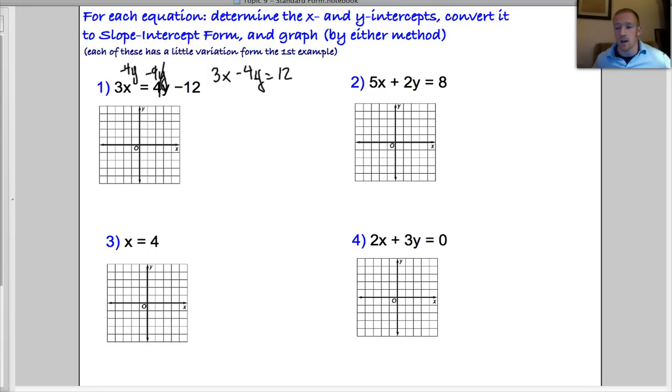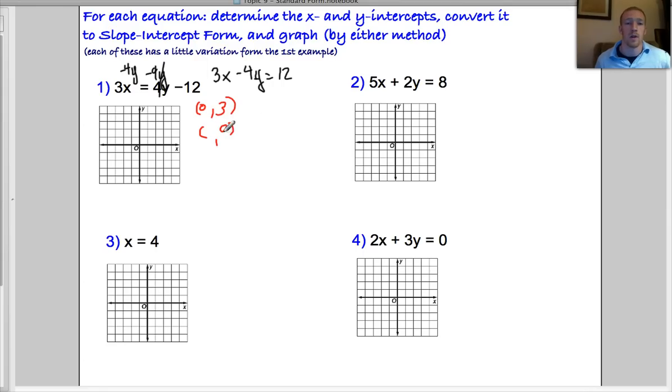So then I am going to find the intercepts. If x is 0, I plug it in here. 3 times 0 is 0, so that eliminates that term. Negative 4y equals, oops, negative 12, my bad. Negative 4 times y equals negative 12. Y has to be 3.